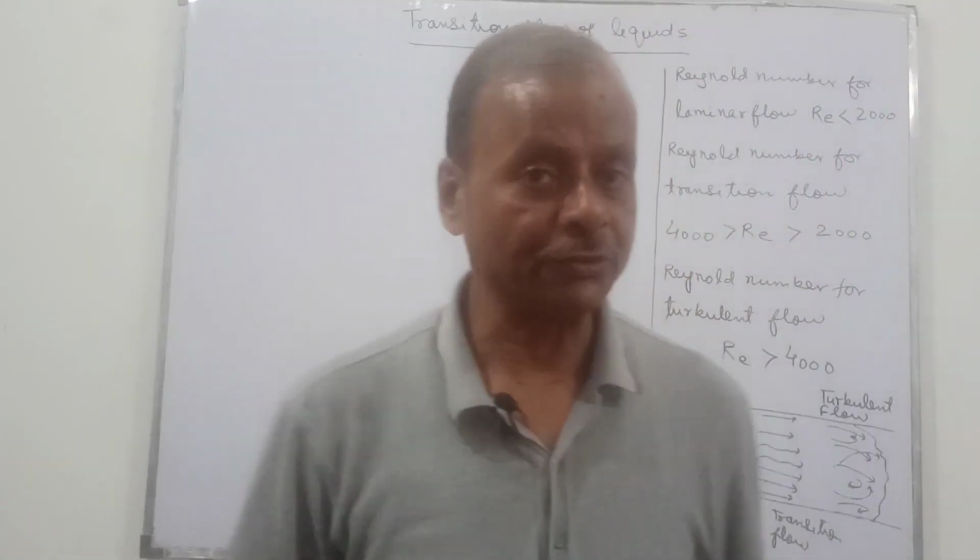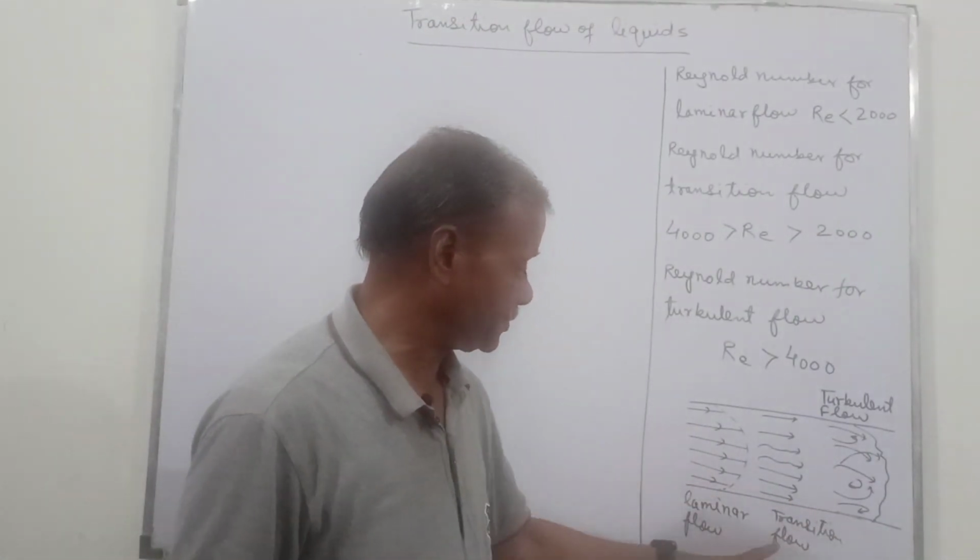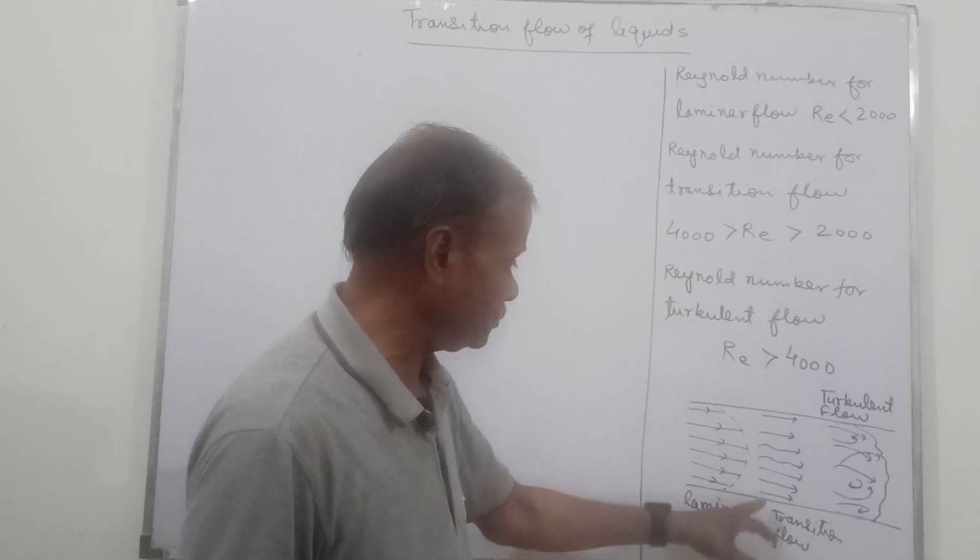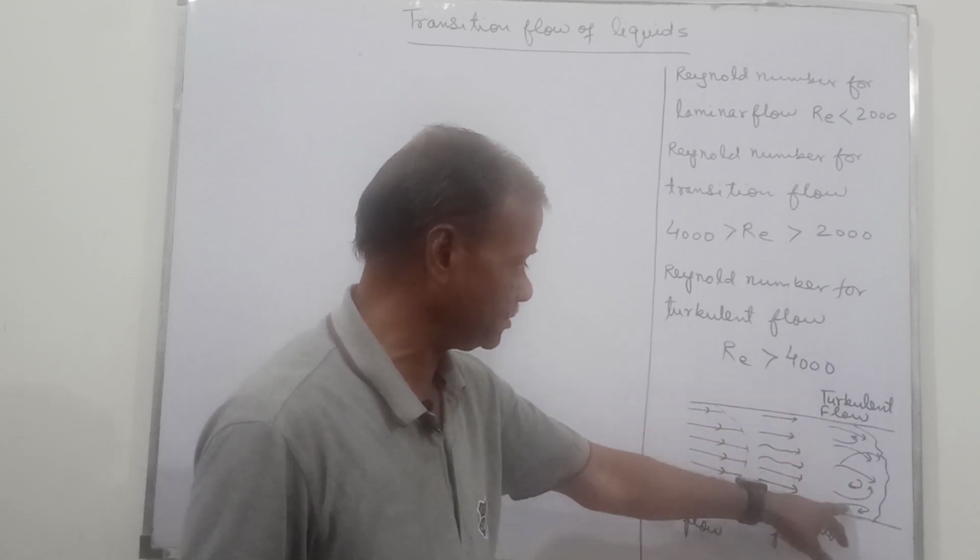Now all these flows have been shown in this picture. So this is the laminar flow, this is the transition flow, and this is the turbulent flow.